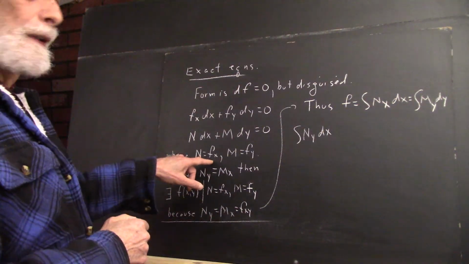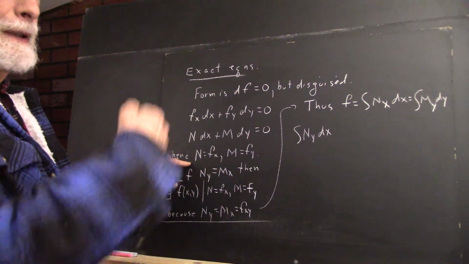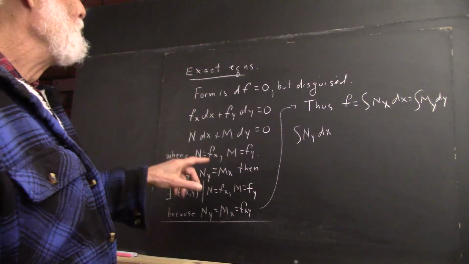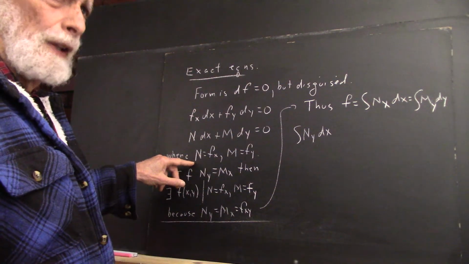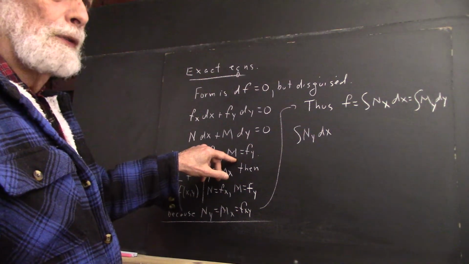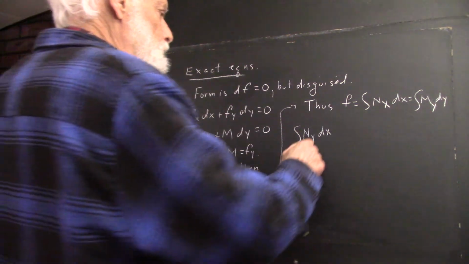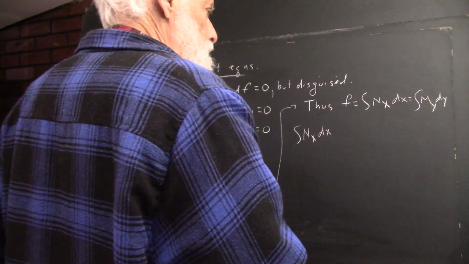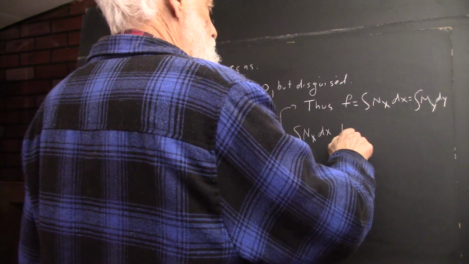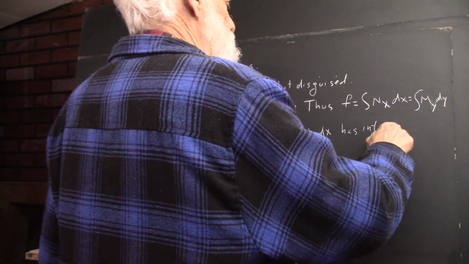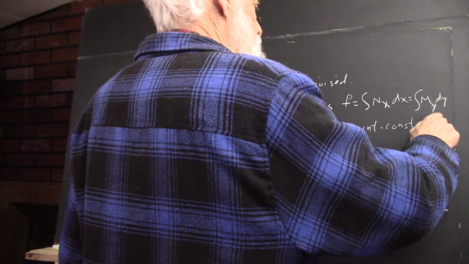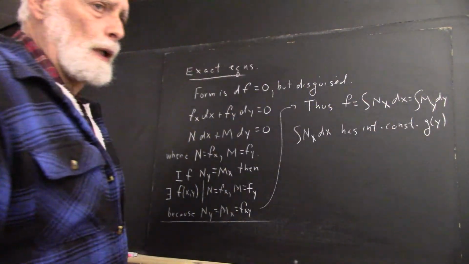Because if n equals fx, then f is going to be the integral of n with respect to x, and f is going to be the integral of m with respect to y. Okay, so we got the integral of n dx has integration constant, I'll call it g of y.